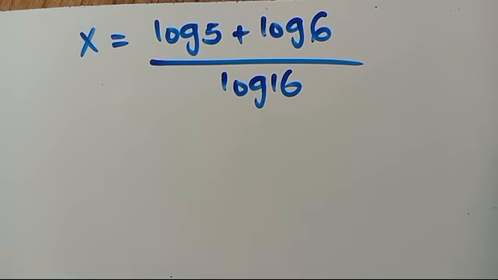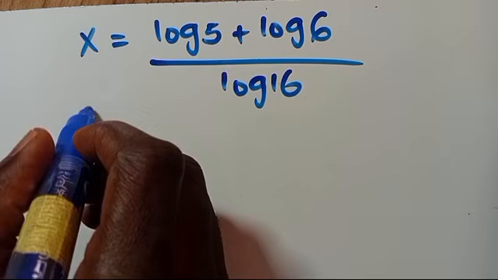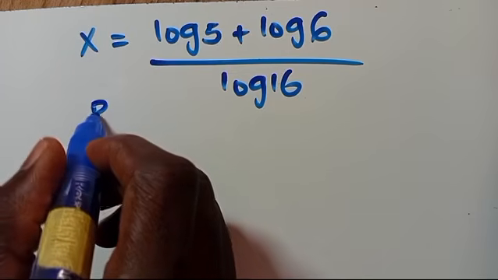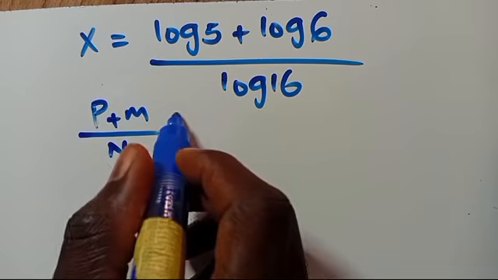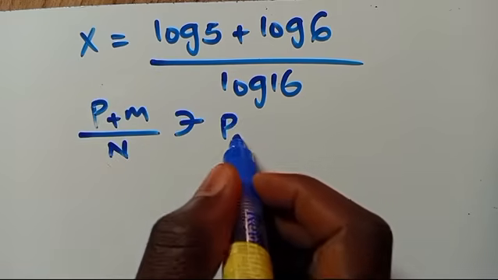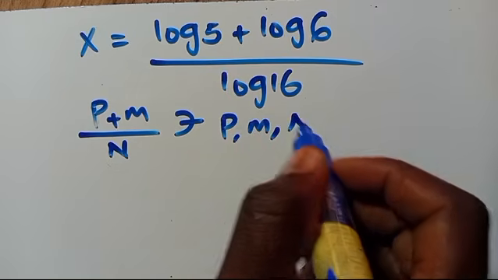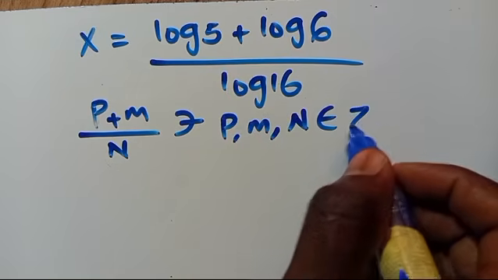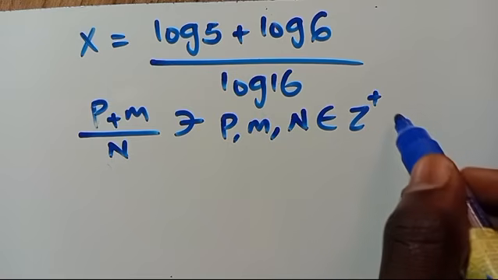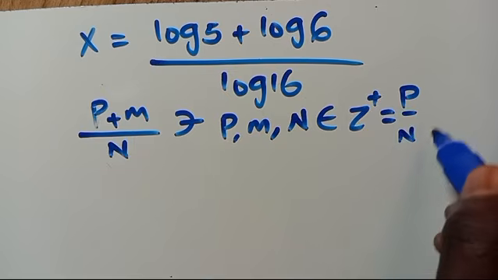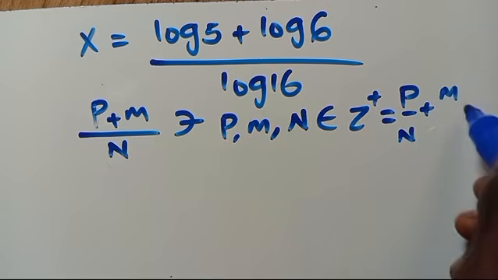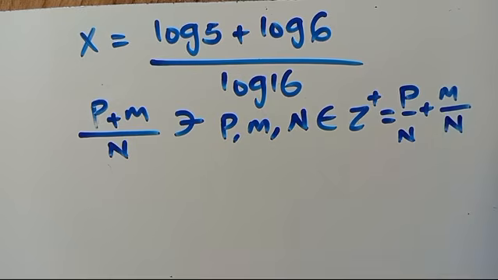So we have parameters p plus m over n, such that p, m, n are all positive integers. So we can have this as p over n plus m over n.